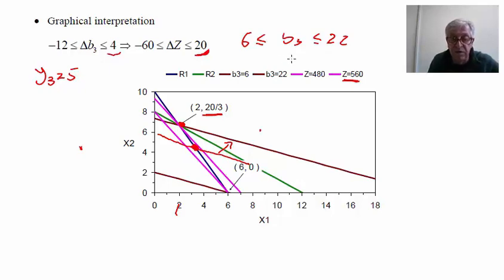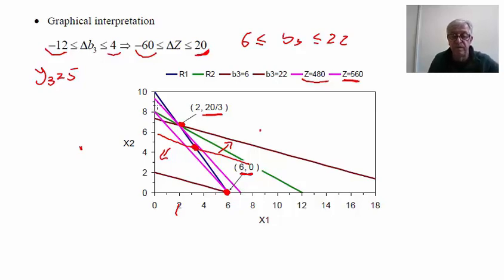If we decrease the availability from 18 to 6, that is minus 12 hours, 12 multiplied by 5 is 60, so we will have a reduction in z by 60 euros. The line in that case will move until it finds this vertex here.